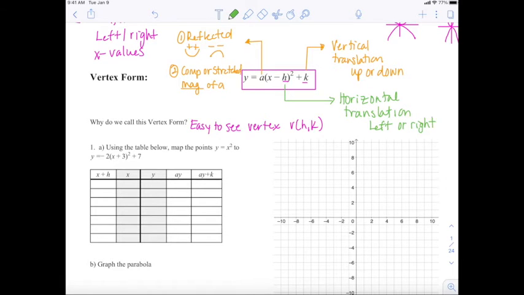So in order to apply the transformations in orange, I have to manipulate our y values. So for these, I would manipulate y values for the transformations in orange.